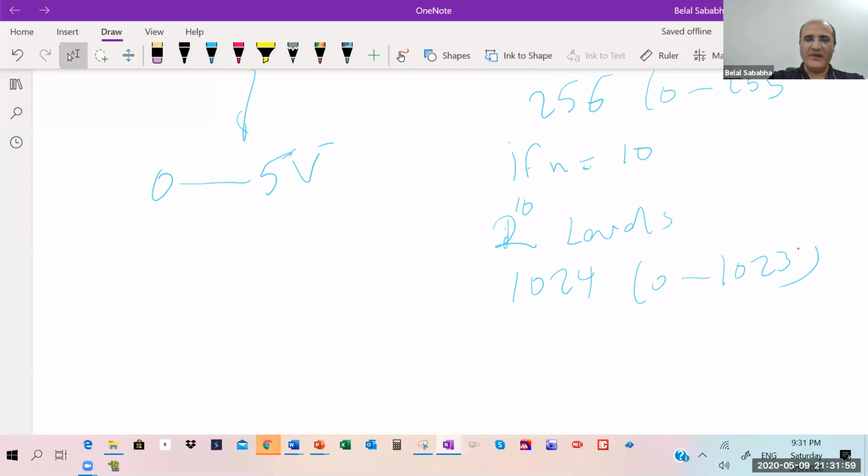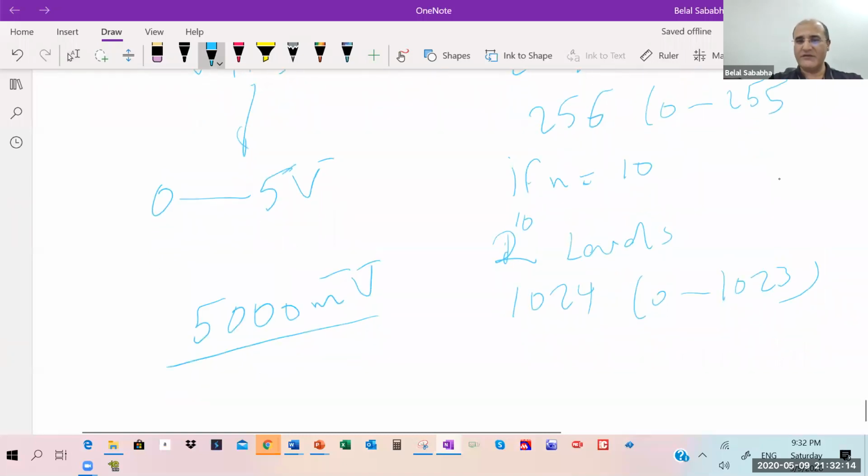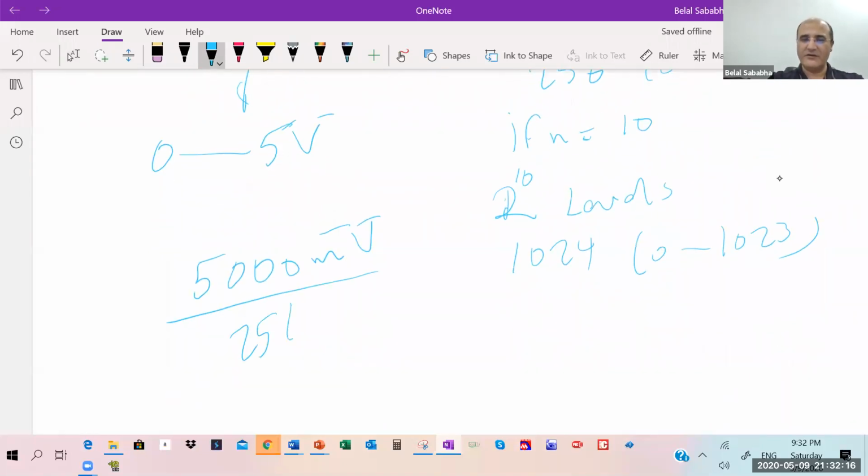Let's try to understand. If my 0 to 5 volts is a 5 volt range, let's say 5,000 millivolts. If I am to divide them into 256 levels, this is equal to what?